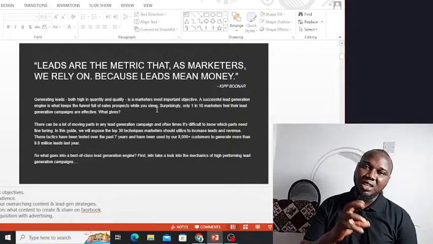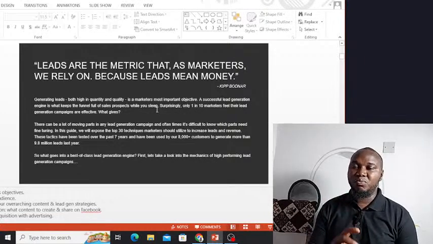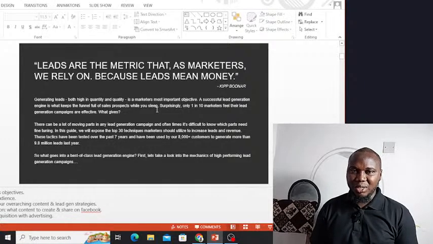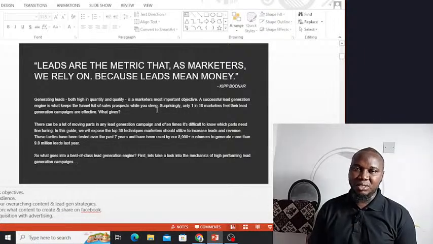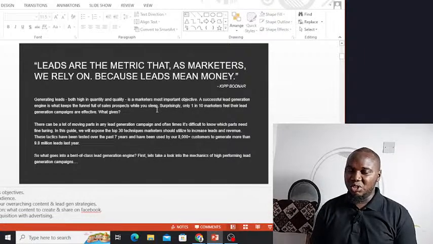Because literally, if you are a digital marketer promoting businesses online, you want to agree with me that the only yardstick, the only metric that is useful in this case is the metric that measures your conversion, in terms of how many sales or how many prospects we are seeing, because that is the only factor that would enable us to sell.